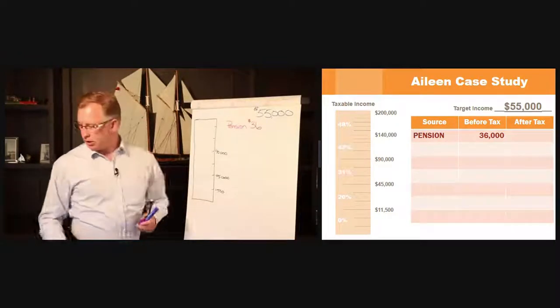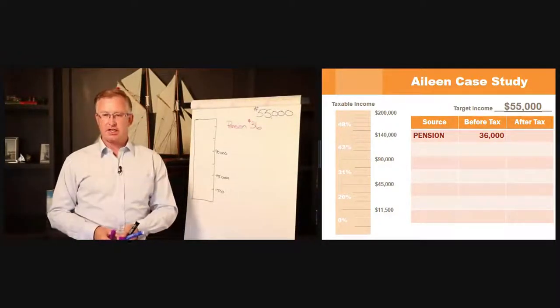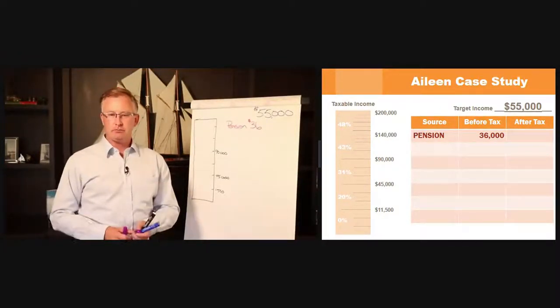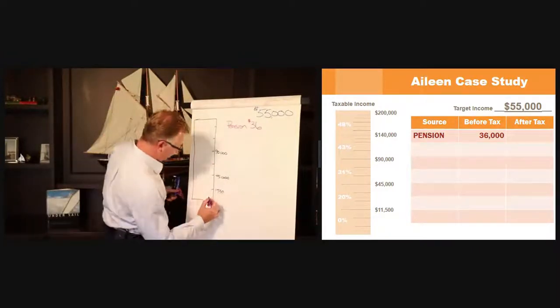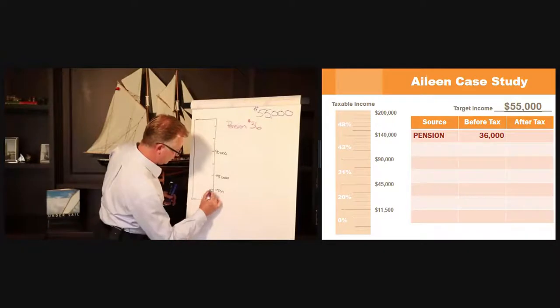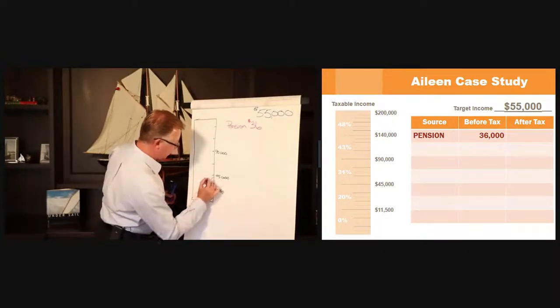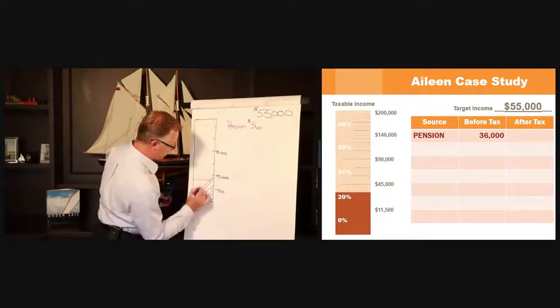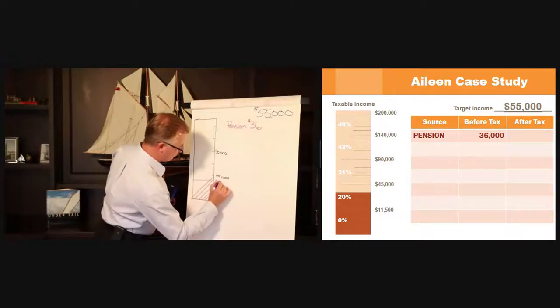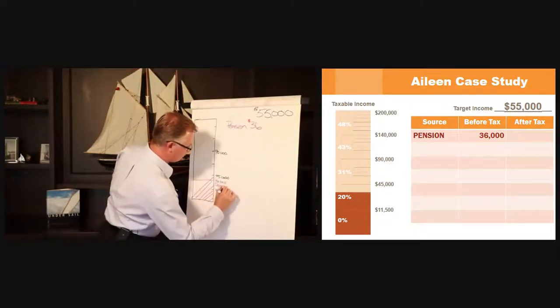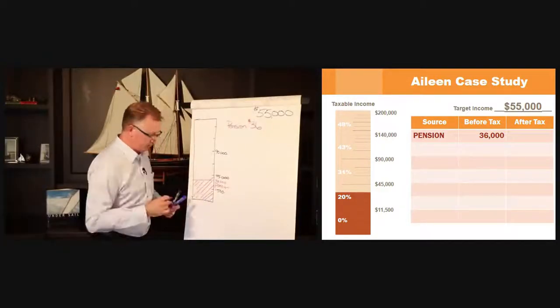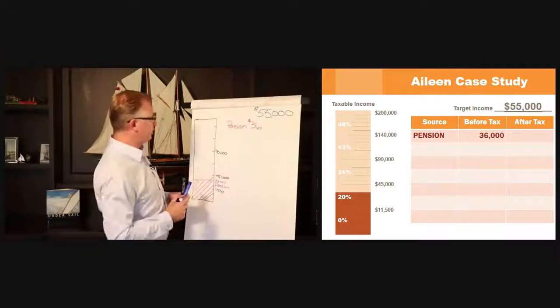So, at $36,000, what I want you to do is take the same color marker and shade in up to about $36,000. And that's pension. Shade that area in on your taxable income tube.